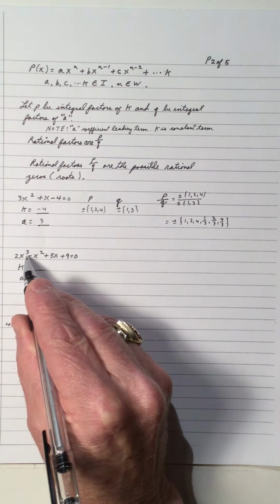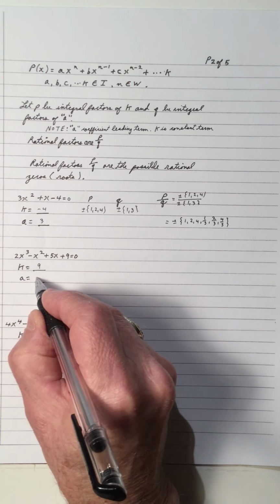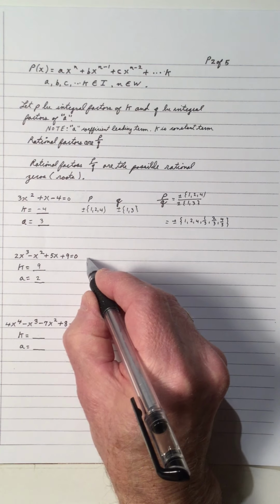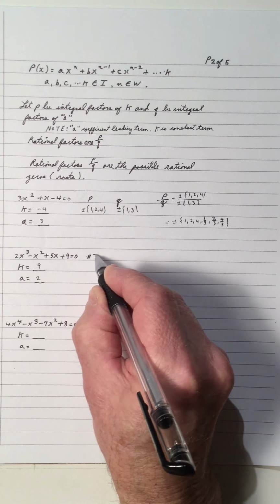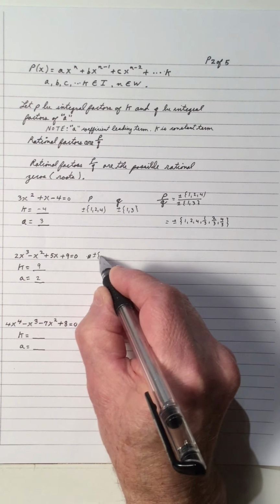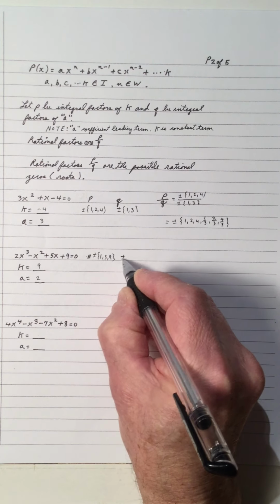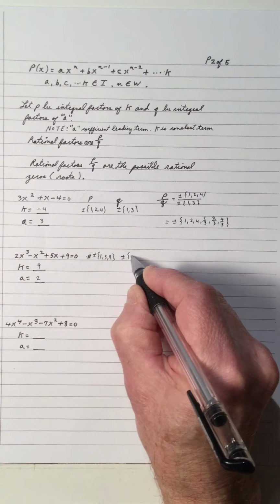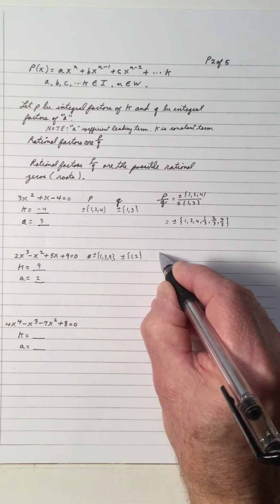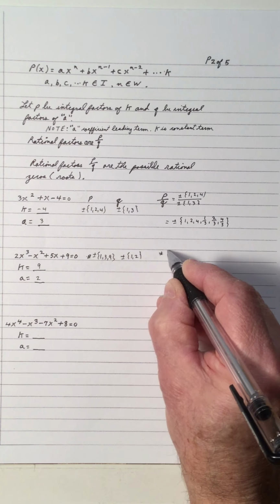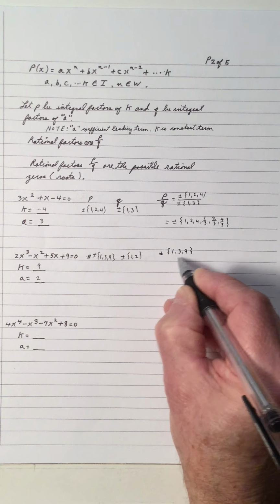Now we have this cubic, with powers 3, 2, 1, 0. So k is 9 and a is 2. The factors of p are, with the plus minus, 1, 3, and 9.